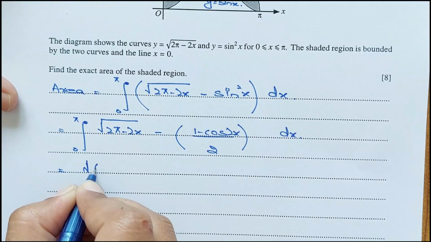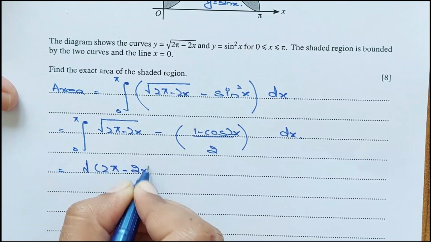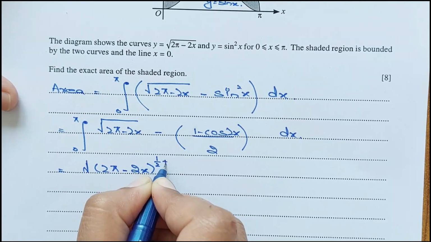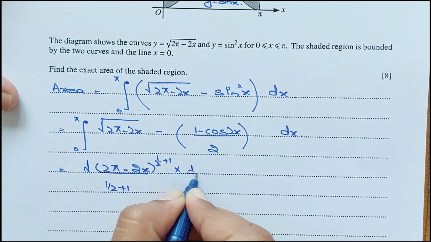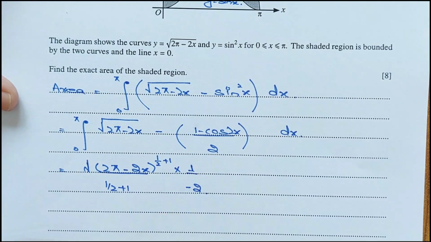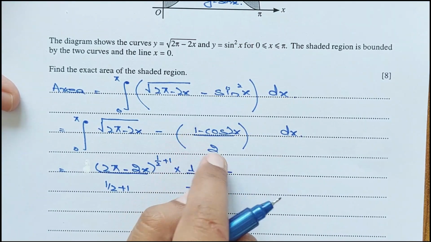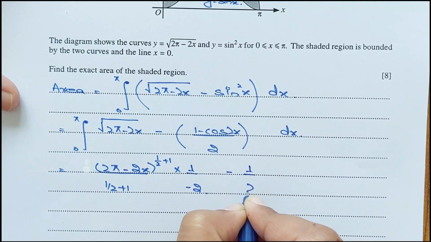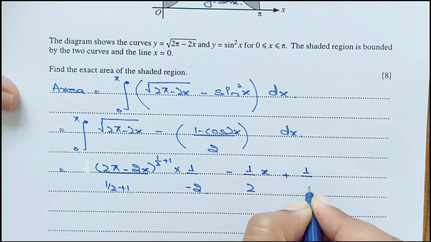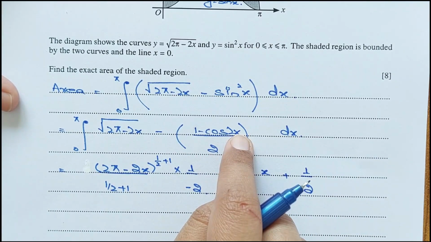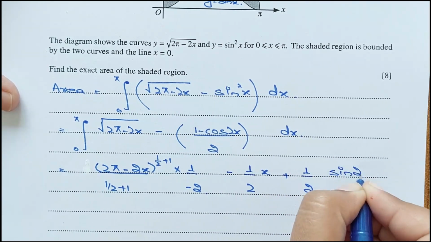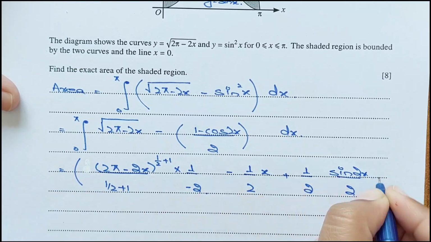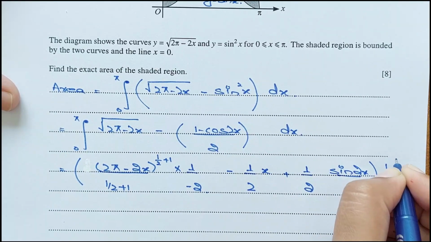Okay, so the integration for the first function, we need to use the power rule, which is square root of 2 pi minus 2x. The power is 1 by 2 plus 1 over 1 by 2 plus 1, multiplied by 1 over the derivative, which is minus 2. Then minus 1 by 2, this is 1 by 2 x, and minus minus plus 1 by 2, and cos 2x integration is sine 2x over 2, from 0 to pi.